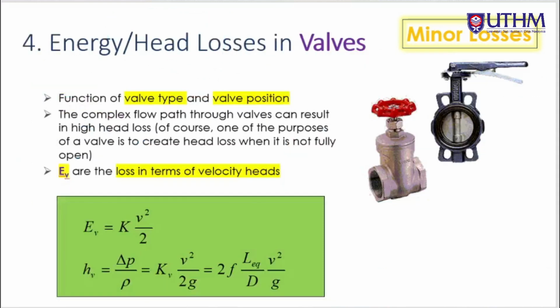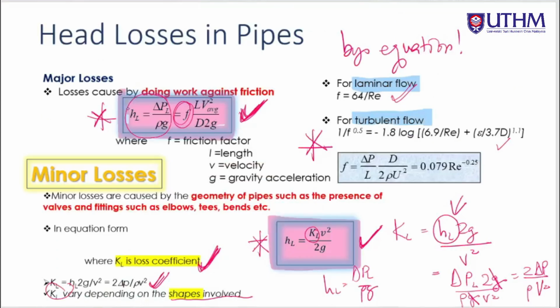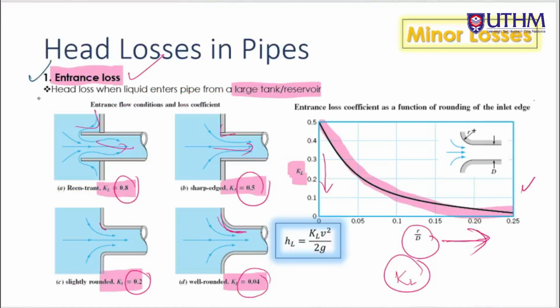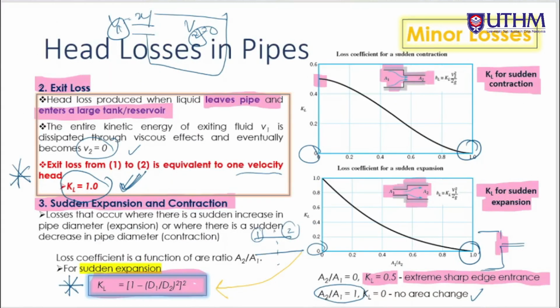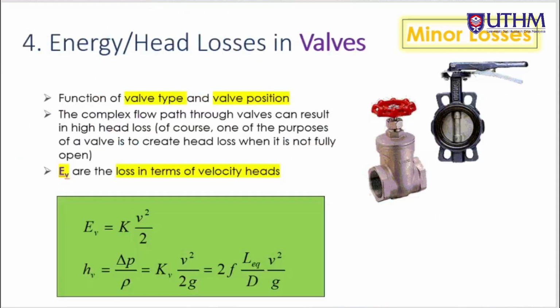Okay, so we already know so far three losses due to minor losses. Firstly is due to the entrance loss, secondly due to the exit loss, thirdly due to sudden expansion or contraction, and lastly due to head loss due to valve. Valve will also cause head loss.